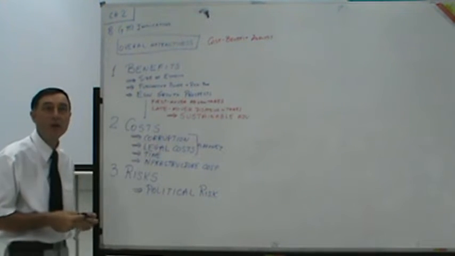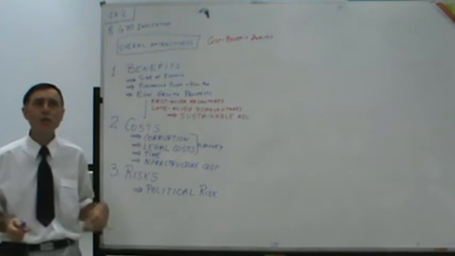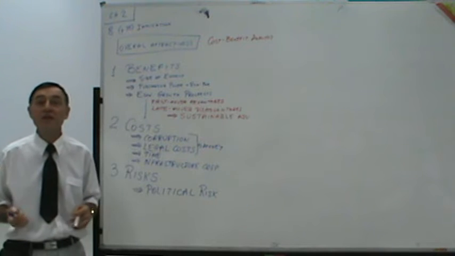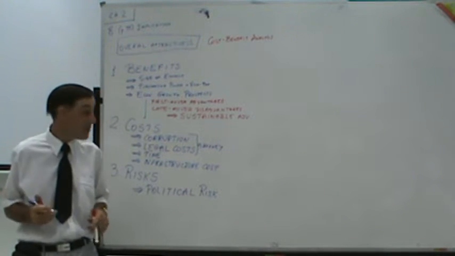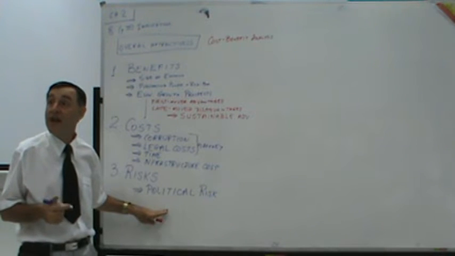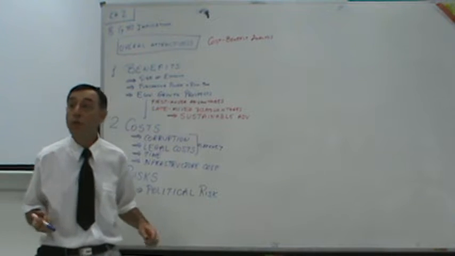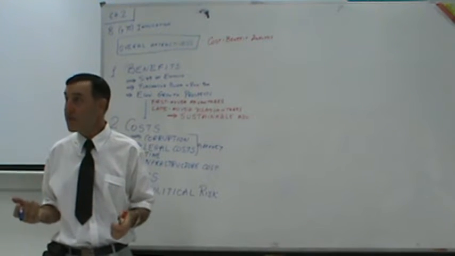Political risk. You have a political risk associated with political instability. Just 2 years ago, we had a revolution in Egypt. In 2011, during the so-called Arab Spring, I was teaching and working in Bahrain.